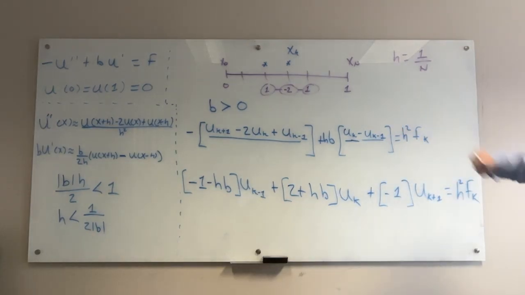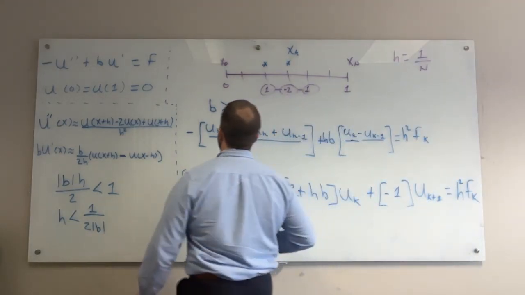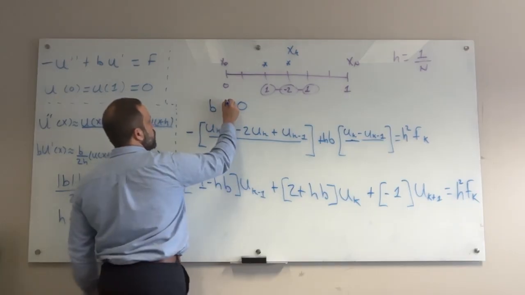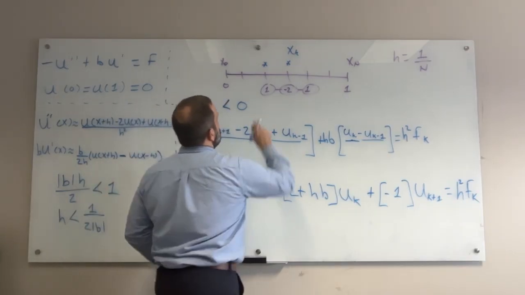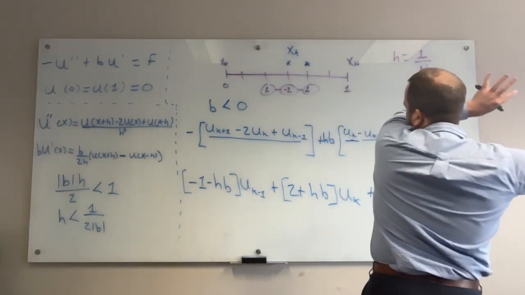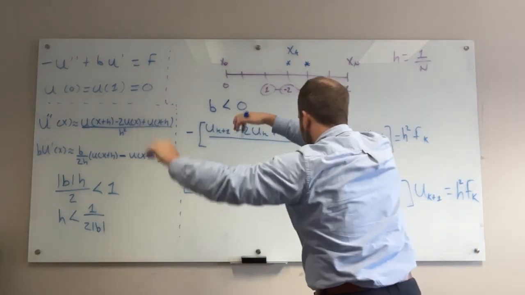Okay, so this works great when b is greater than 0. Well, what if b is less than 0? Okay, so let's do that. What's going to happen if b is less than 0? Maybe you guys can even think about what's going to happen. How are things going to change? Well, now this corresponds to the river flowing this way, so information is flowing from here to here.